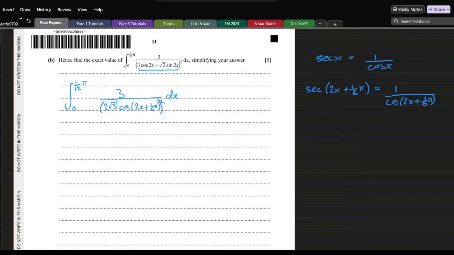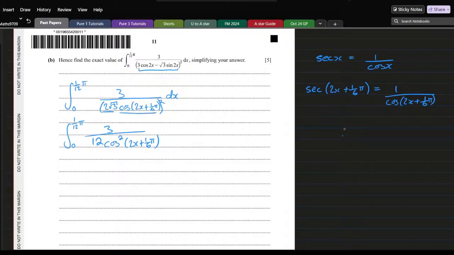Before we use that, actually, let's just distribute this power 2 that we have in the denominator. So that's the integral from 0 to 1 over 12 pi of 3 over, we're going to square the 2 root 3. So 2 root 3 squared gives us 12. Then we're going to square the cos. So that's cos squared of 2x plus 1 over 6 pi. So you square the 2 root 3, then you square the cos.